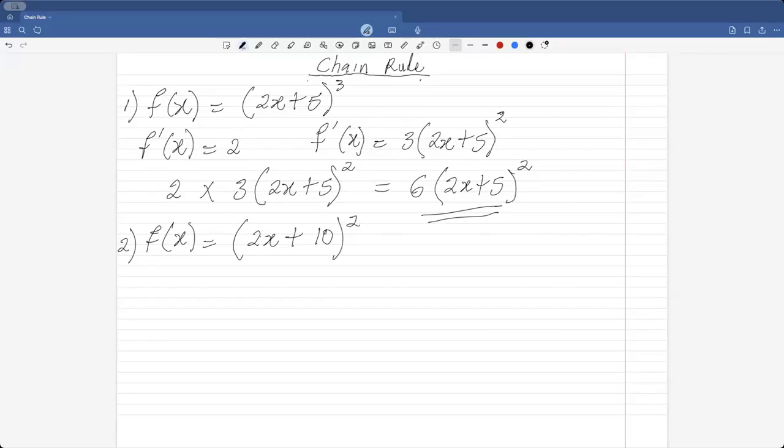Of course, the inside function is nothing but 2x + 10. So the derivative of the inner function is 2. The derivative of the outside function is 2(2x + 10) to the power of 1.